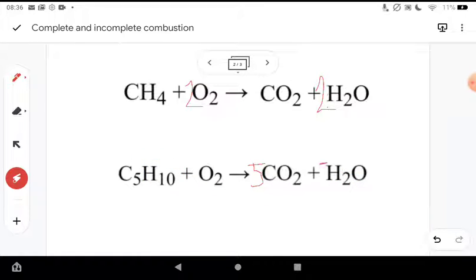So when I balance that out, that's 5 times 2, so 10 oxygens, plus 5 oxygens, so I've got 15 oxygens, which means I've got 7.5 oxygen molecules over here. That means I need over 3 times as much oxygen to combust 1 molecule of that.